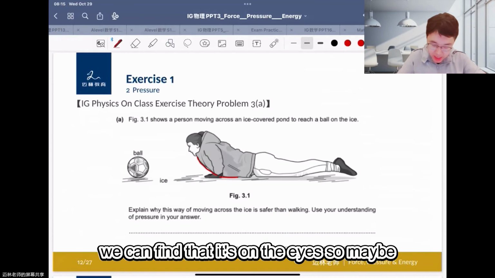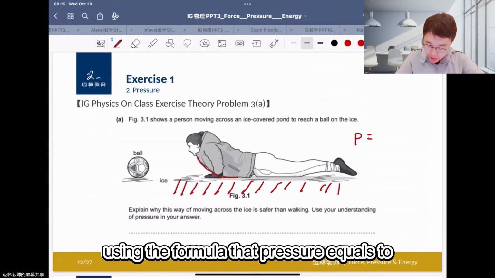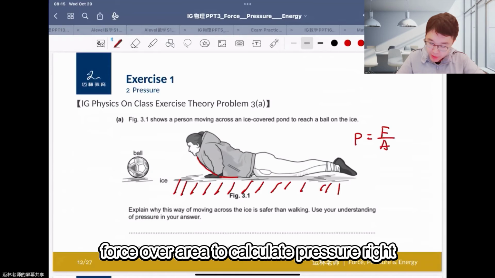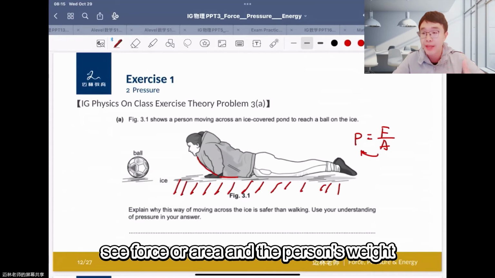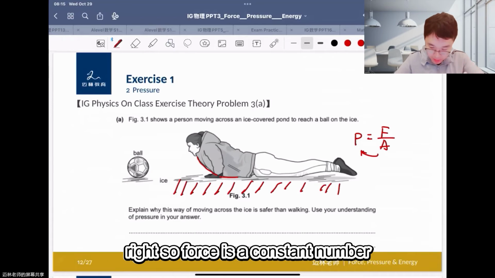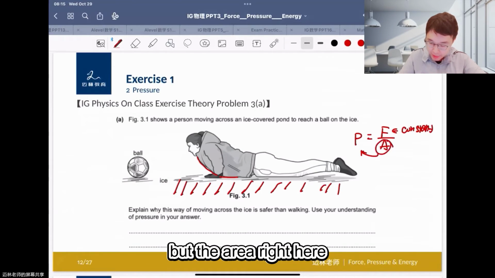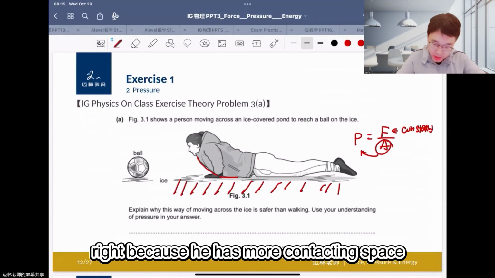We can find that he's on the ice, so here he's on a solid, right? So we can use the formula pressure equals force over area to calculate the pressure. The person's weight doesn't change, whether he chooses to lie down or stand up, so force is a constant. But the area increases after he lies down, because he has more contact space with the ice.